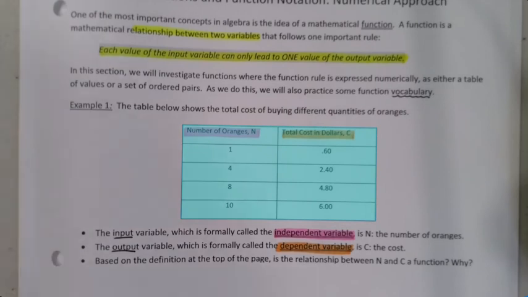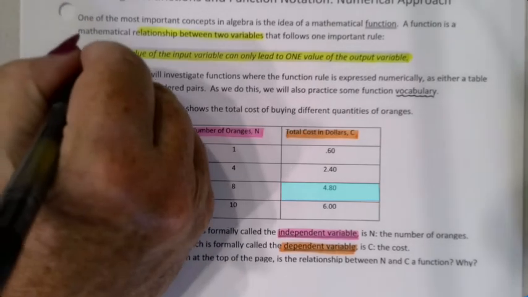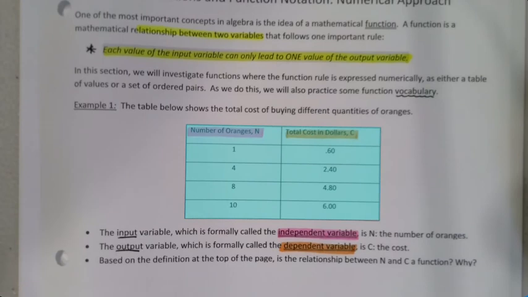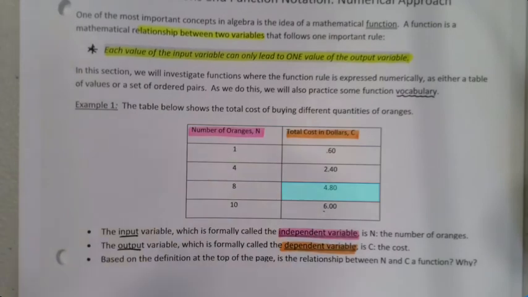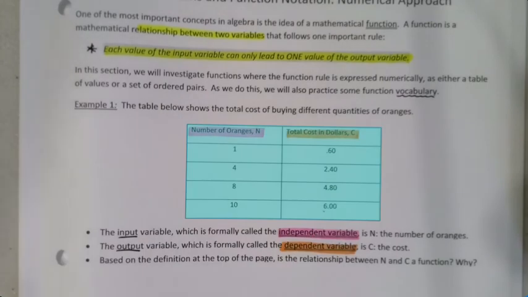All right, so based on our definition that each value of my input variable can only have one value of the output variable, does it make sense, at least in this particular store at this particular moment, that this relationship is a function? And I'm going to say yes, right?